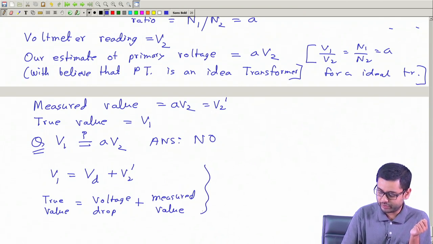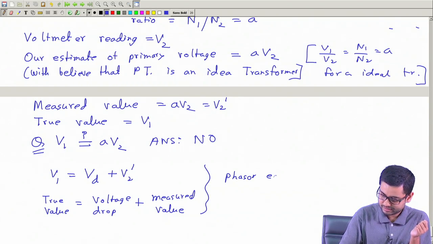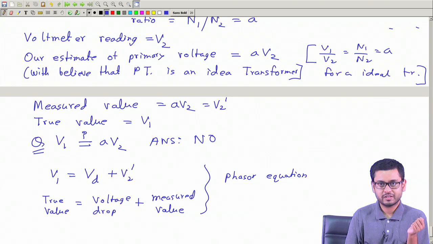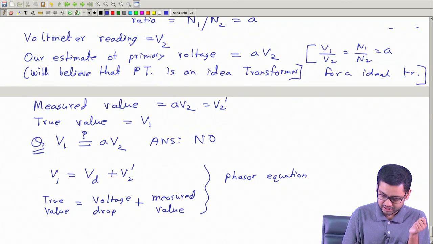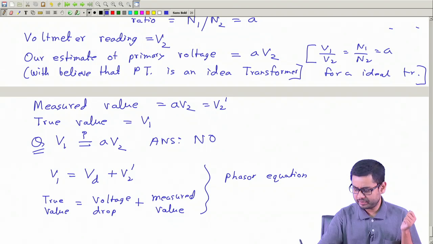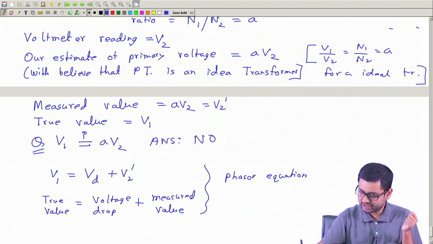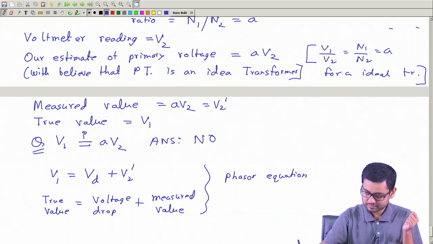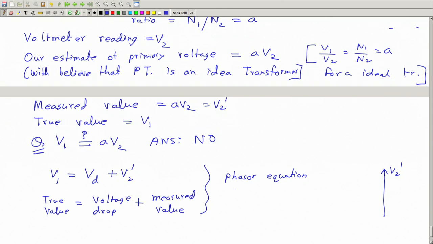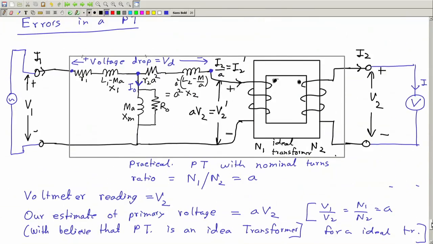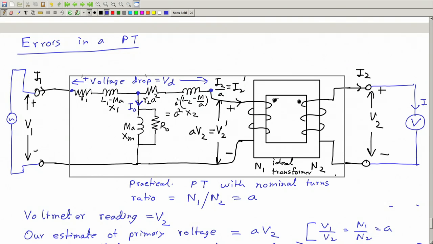Now this is a phasor equation. So it's possible that V2 prime is here, and depending on this current and this current, we'll have some voltage drop here.